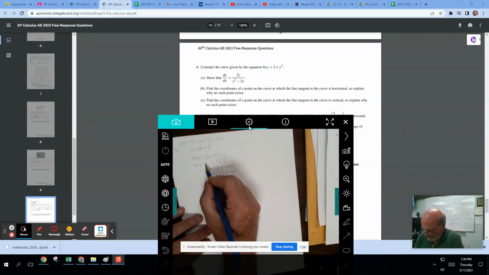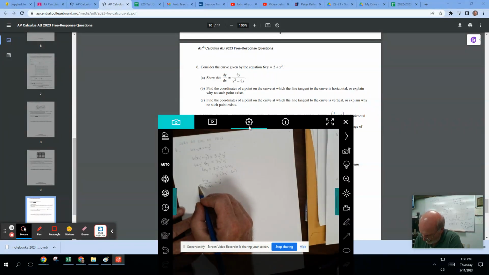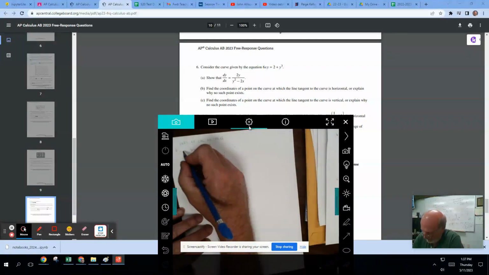Oh, I didn't need a 6 here. There we go. Simple algebra mistake, right? Now, multiply top and bottom by 1/3. Like we always say, it's the algebra that kills you. 2y over y squared minus 2x equals dy dx. So that's part A.